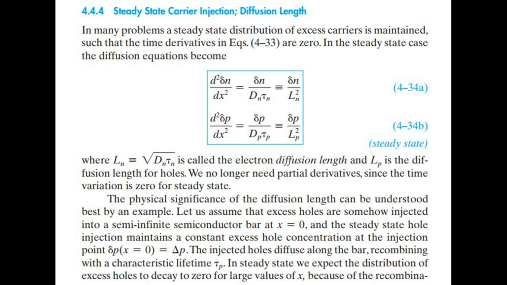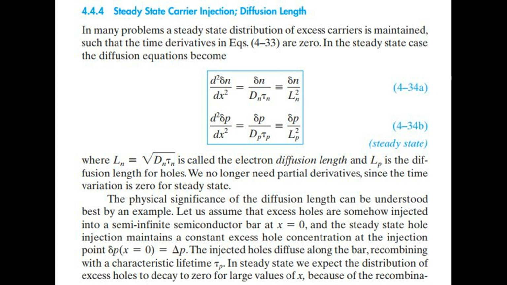We no longer need partial derivatives, since the time variation is 0 for steady state. The physical significance of the diffusion length can be understood best by an example. Let us assume that excess holes are somehow injected into a semi-infinite semiconductor bar at x = 0, and the steady-state hole injection maintains a constant excess hole concentration at the injection point, δp(x = 0) = Δp.